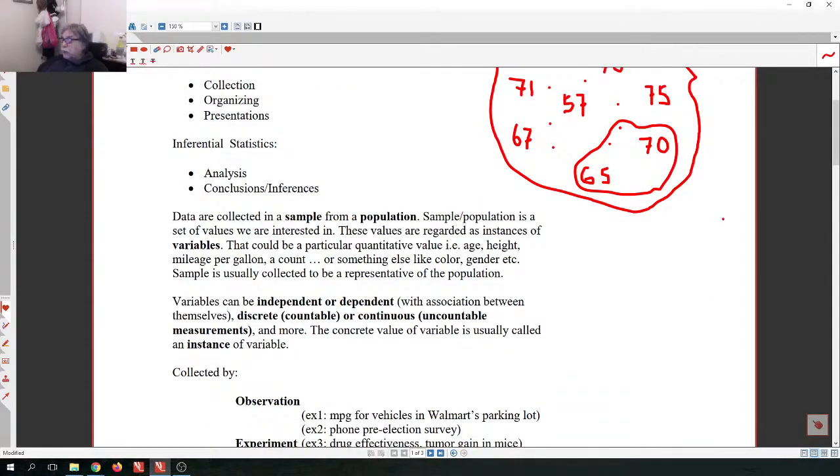The variables could be independent and or dependent. That could be something that is related to something else. For example, the height of an 18-year-old male and the shoe size of an 18-year-old male would be dependent variables because there is an association. If you are taller, you'll likely have bigger shoes and so on.